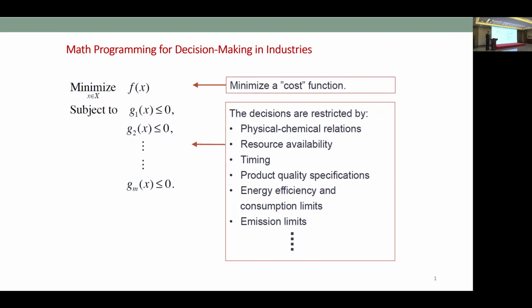Now in a lot of situations, the problem has poor local solutions, which means if we use traditional local solvers, we will have very bad solutions. And on the other hand, if we use global solvers like BARON or SCIP, we will have to spend a lot of time, and we can't really wait for several days for a solution.